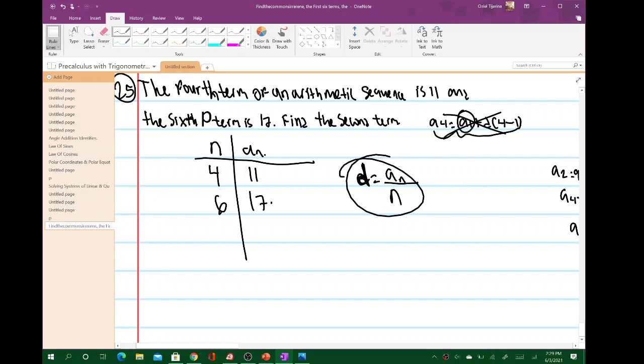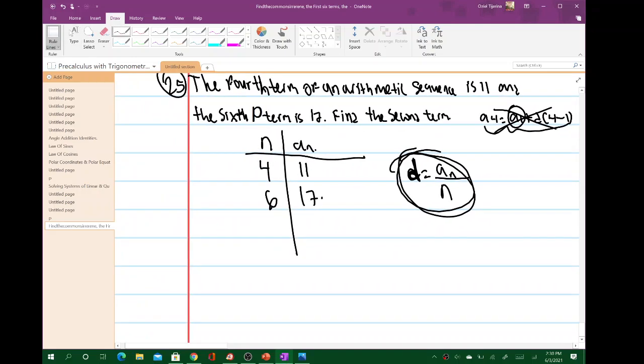If you're ever stuck with a problem like this and you don't really know how to do it in terms of the table, just remember this formula here, okay? Now you can do it using the table. You can say that when n equals 4, a sub n is 11, and when n equals 6, a sub n is 17.